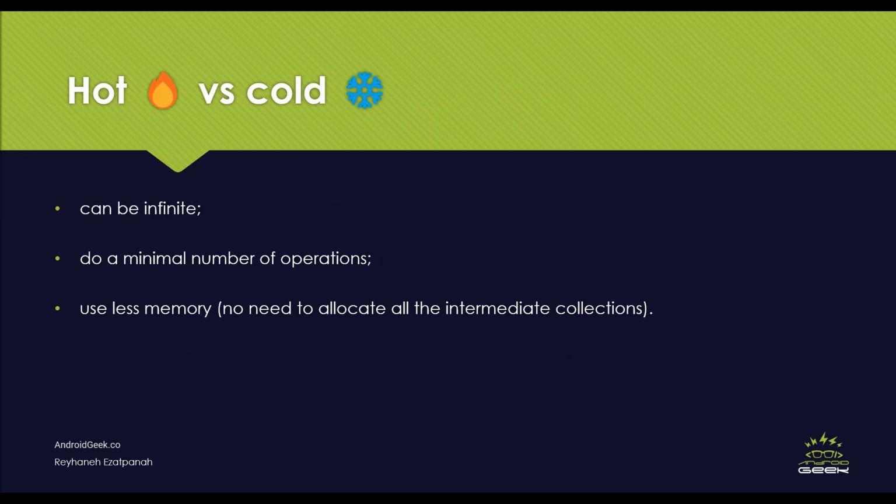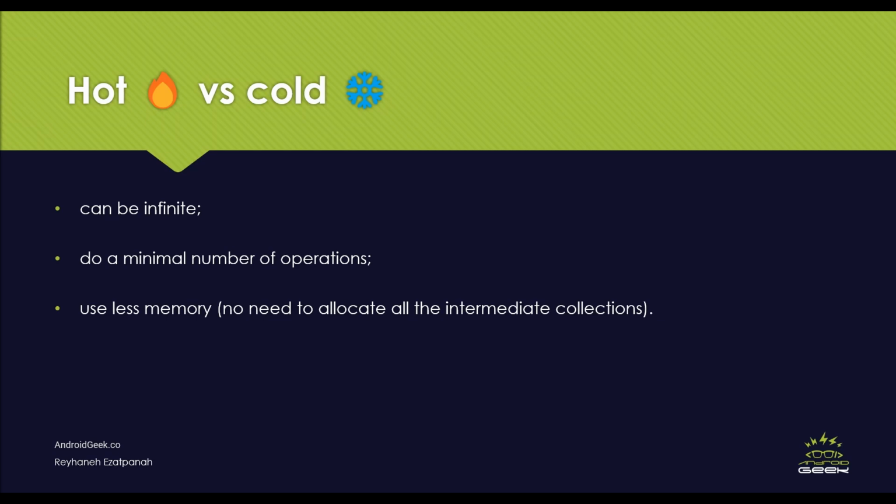And what's the difference between hot and cold data? Hot data streams are eager, produce elements independently of their consumption, and store the elements. But cold data streams are lazy, perform their operation on demand, and store nothing.